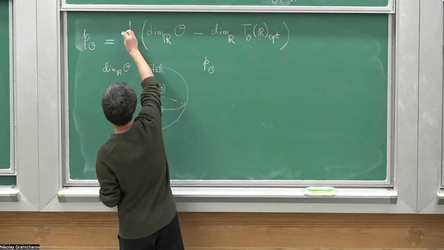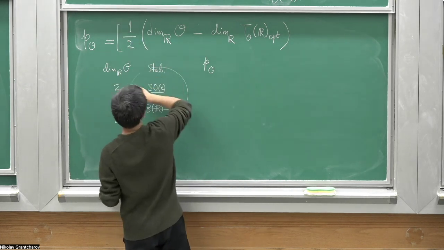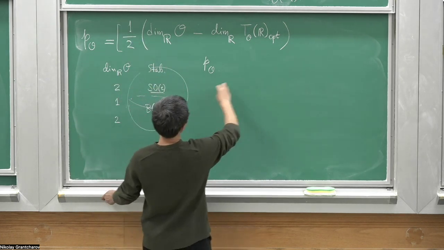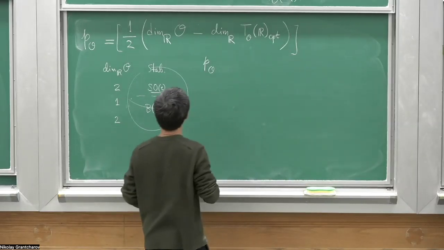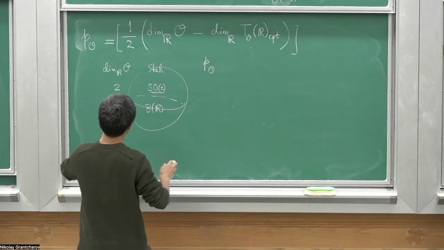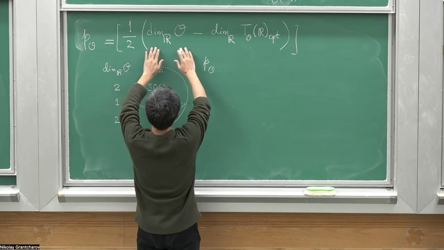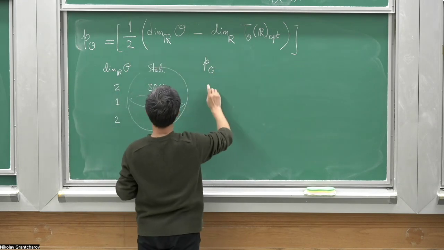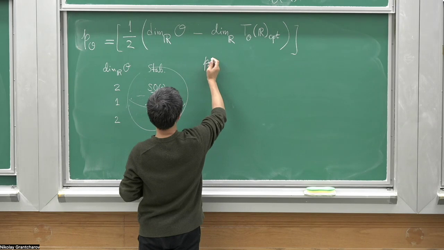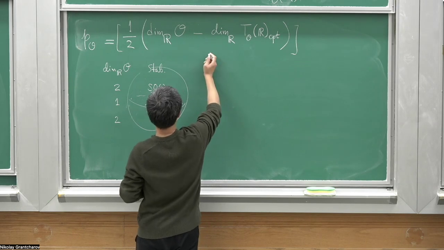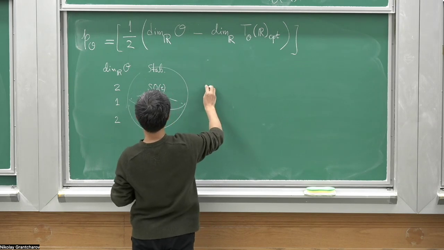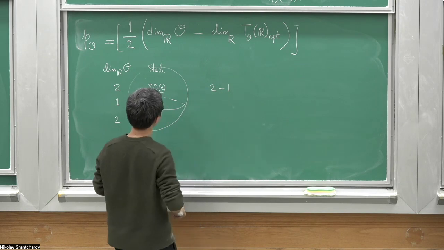The point is they have the same parity before dividing by 2. So when I subtract, I get 2 minus 1.